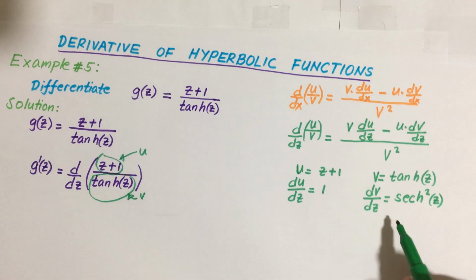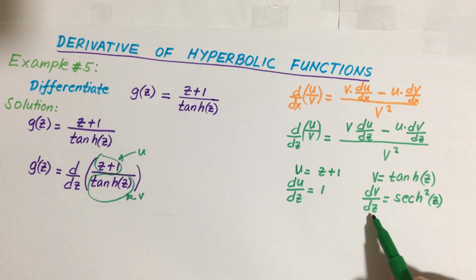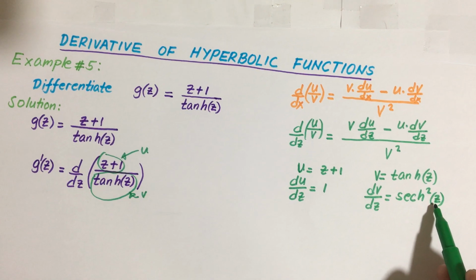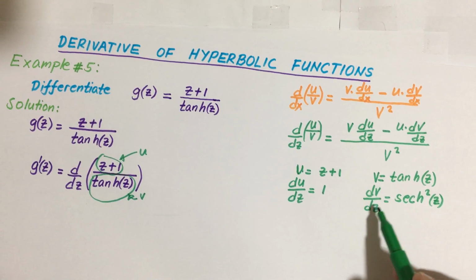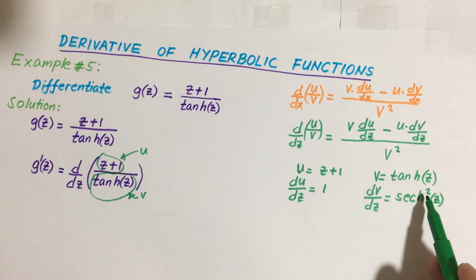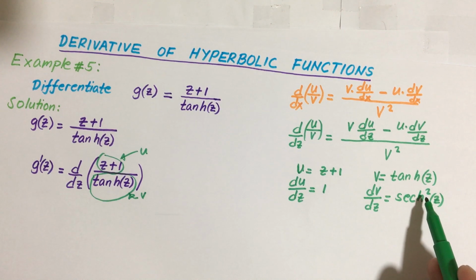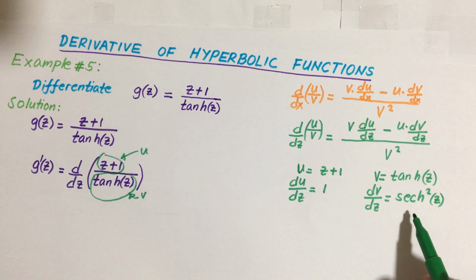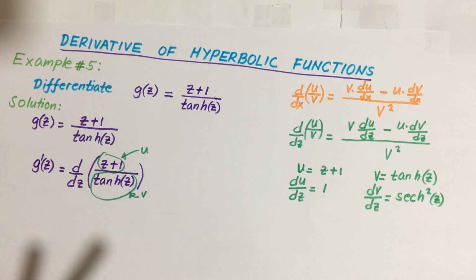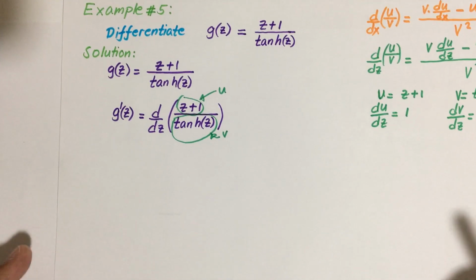Okay, so if the function is a function of x, this would be x, but now since the function is a function of z, we have z also. So this is the derivative of the hyperbolic tangent of z, which is the square of the hyperbolic secant of z.